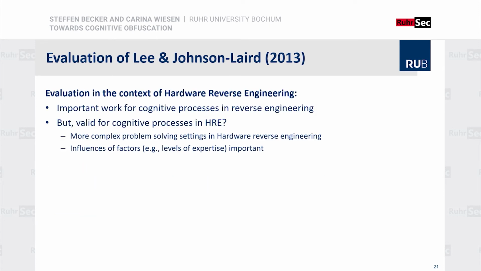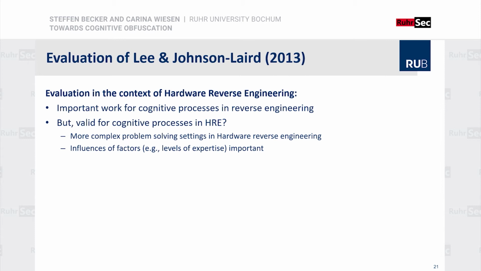We evaluate the theoretical model by Lee and Johnson-Laird as an important step to shed light on underlying cognitive processes in reverse engineering. Nevertheless, it is unclear to what extent the results are valid for problem-solving processes in the domain of hardware reverse engineering. This is based on 2 main aspects. In hardware reverse engineering, there is a more complex problem-solving setting.